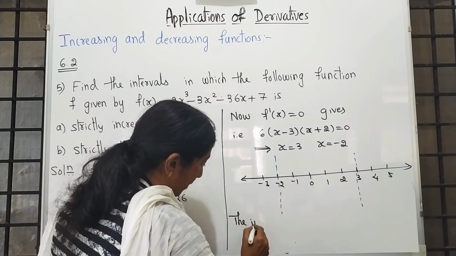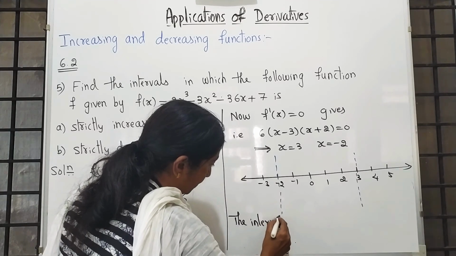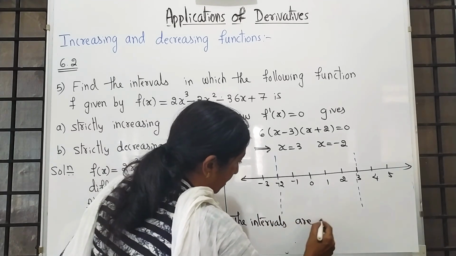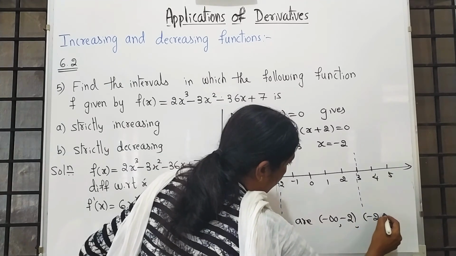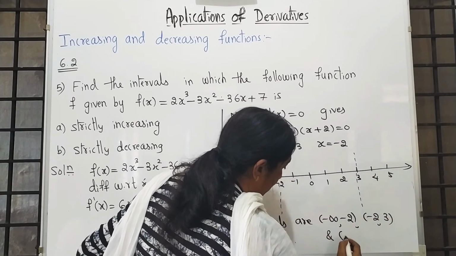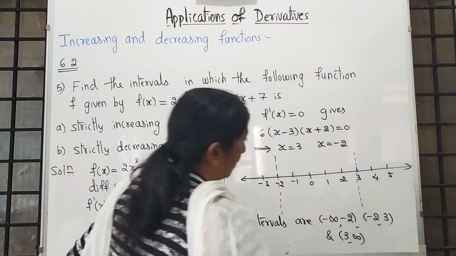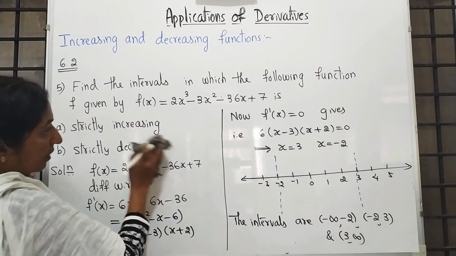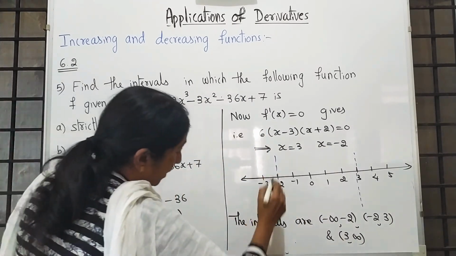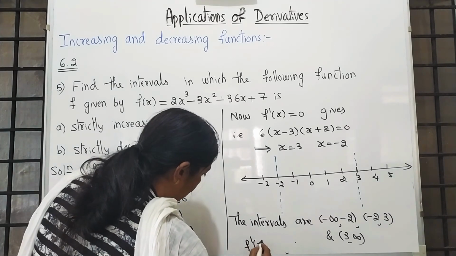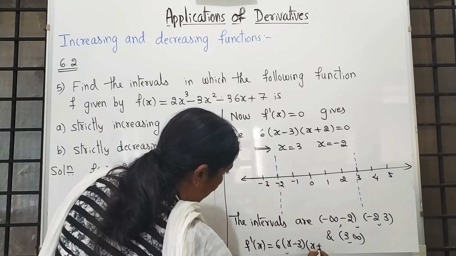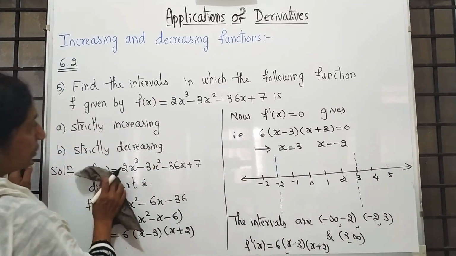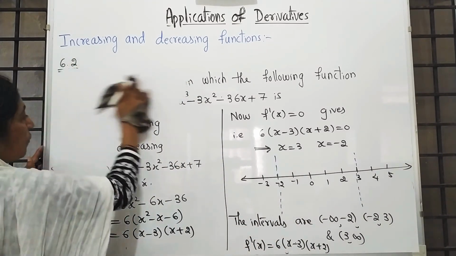The intervals are minus infinity to minus 2, minus 2 to 3 and 3 to infinity. Again for your convenience I am writing f dash of x here: f dash of x is equal to 6 into x minus 3 into x plus 2. For your calculation sake I wrote it like that. Now, we will make a table.